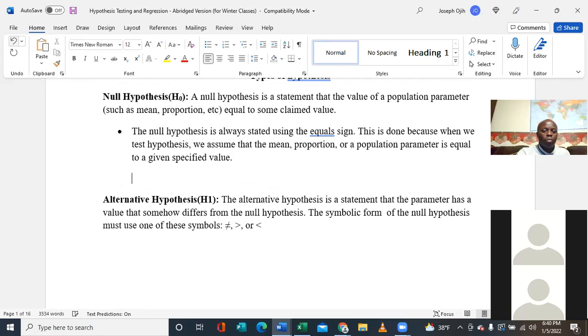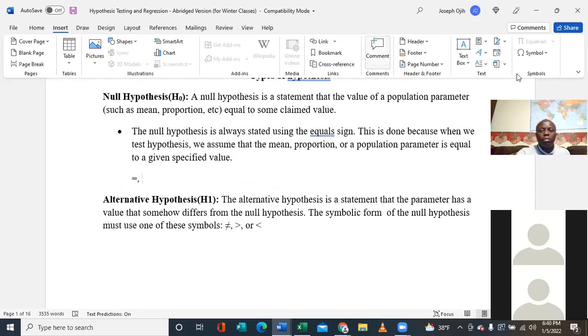We can use the equal sign, or greater than or equal to, or less than or equal to. You can never use only less than or greater than in the null hypothesis.